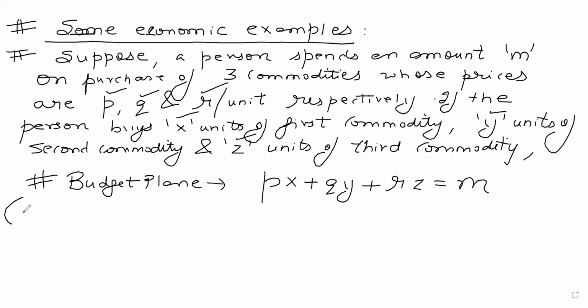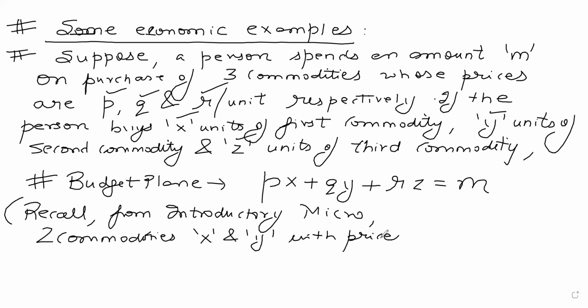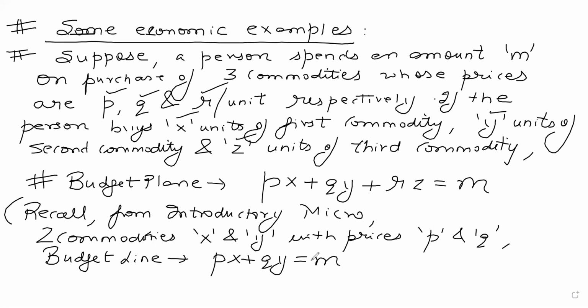Now all students can recall from introductory microeconomics that when we only have 2 commodities, X and Y with prices P and Q, the budget line is nothing but Px plus Qy equal to the income of the consumer.